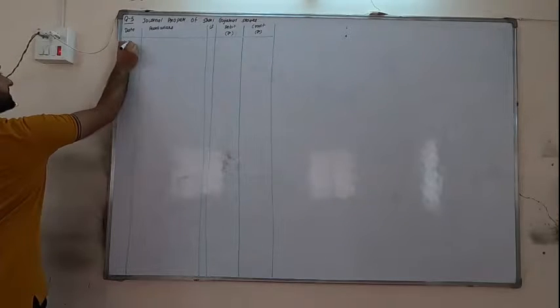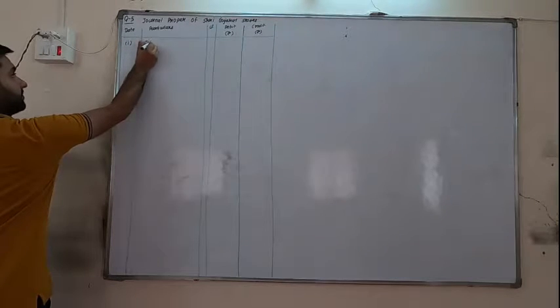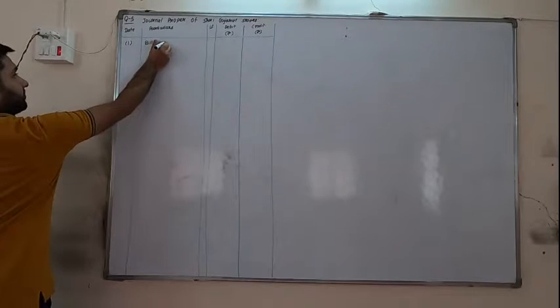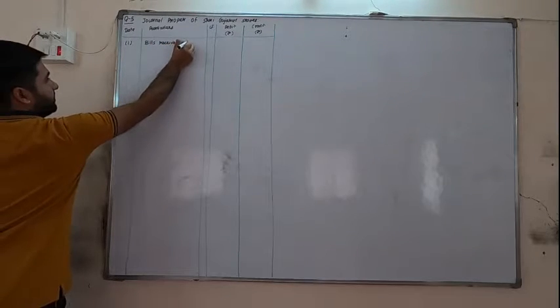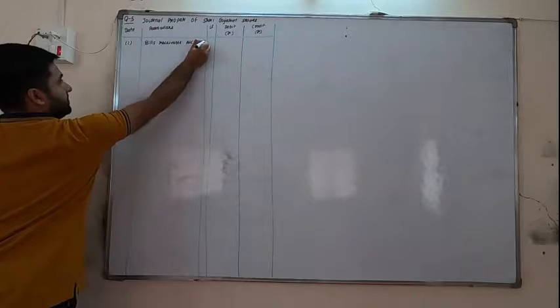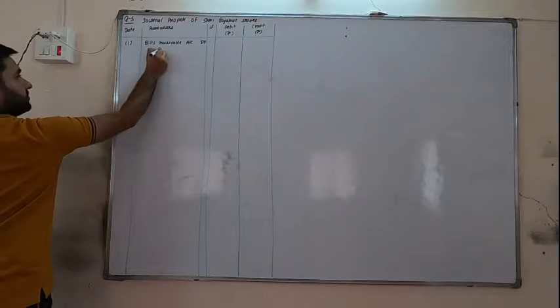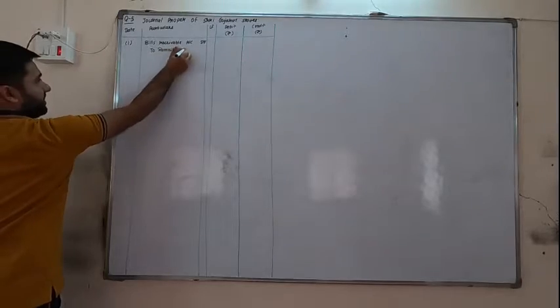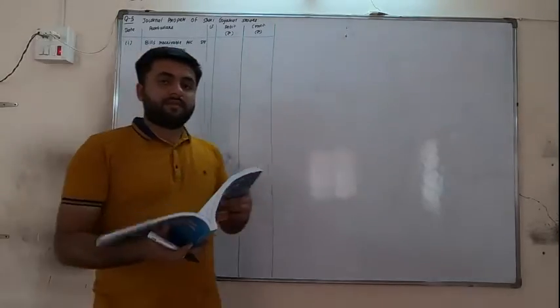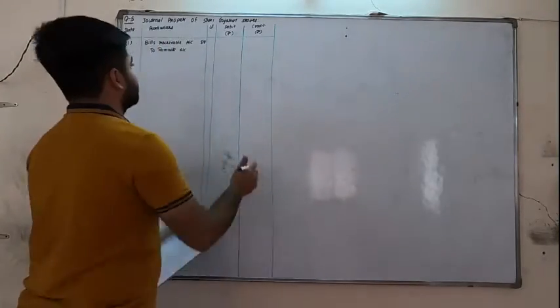Number one, dates are not given. Bills receivable account debit to Ramnik account, amount 8,000.